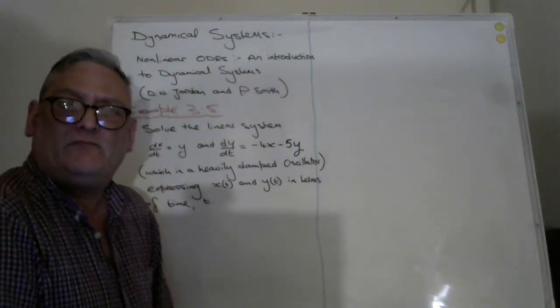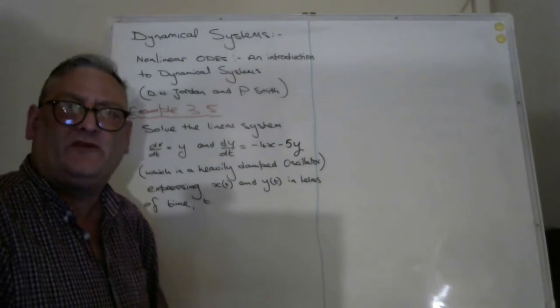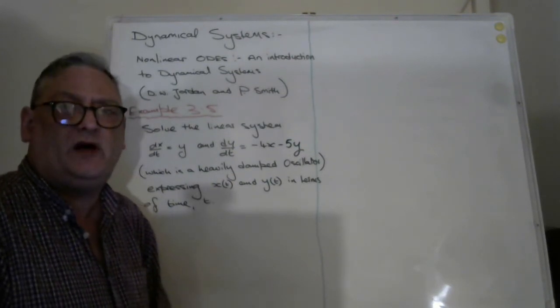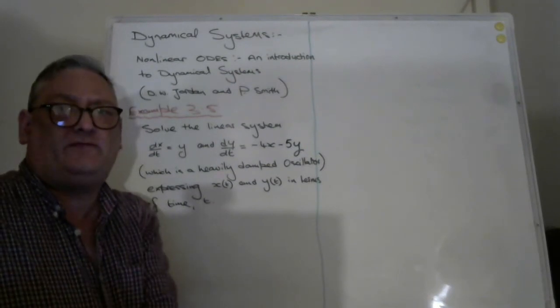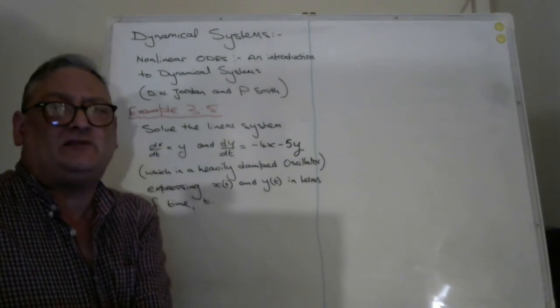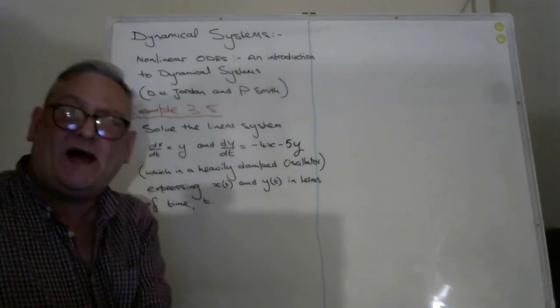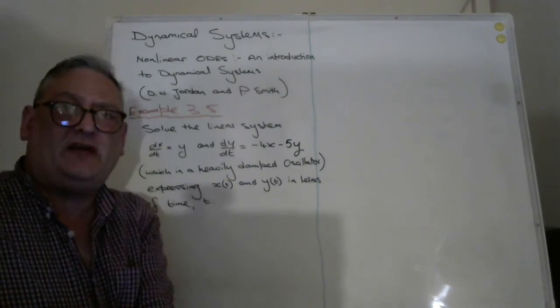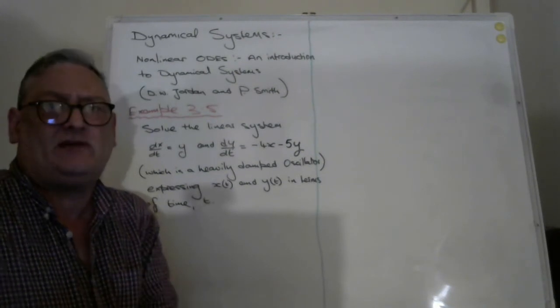Hello, in this video I'm going to show you how to solve a linear system, but it sort of follows on from my previous examples of some non-linear systems, non-linear ordinary differential equations, videos of which I did way back when. And this is a slightly different take on that.